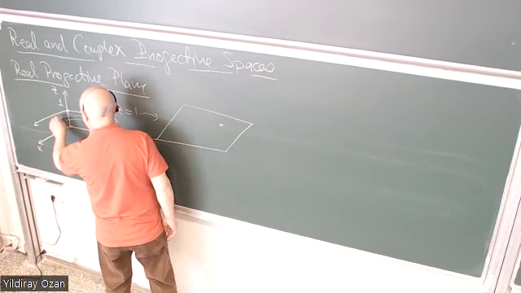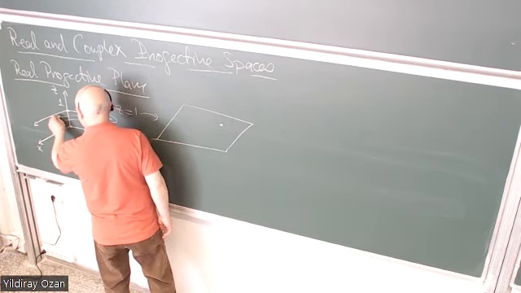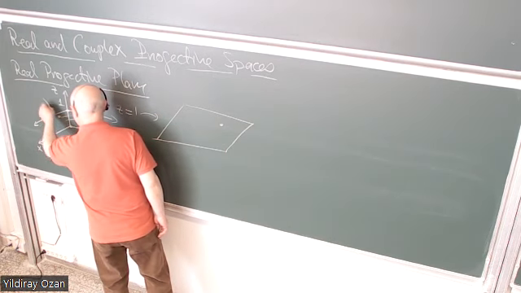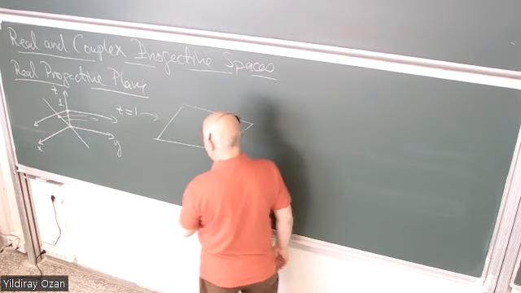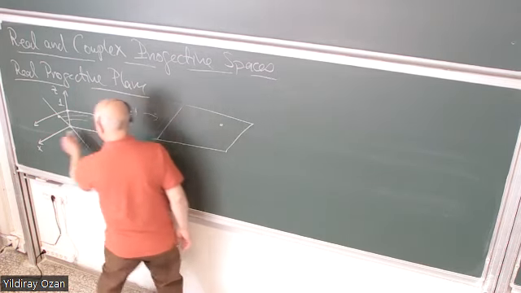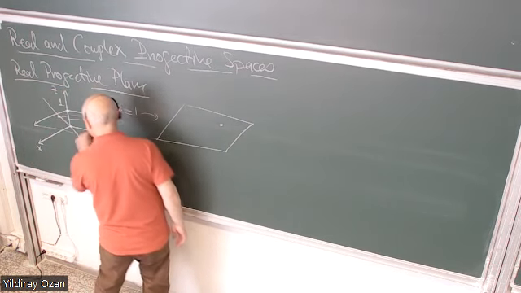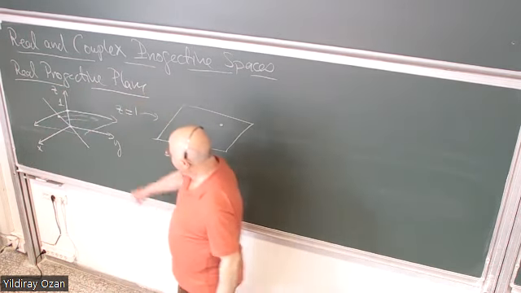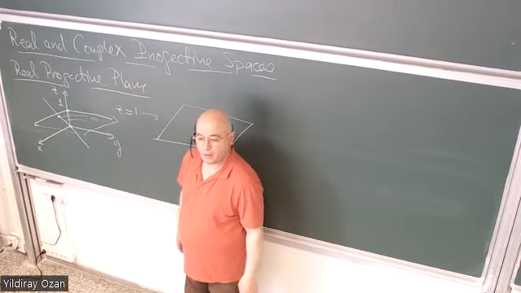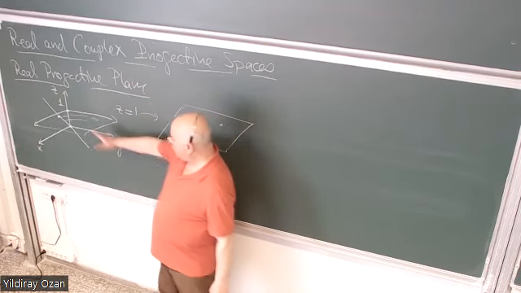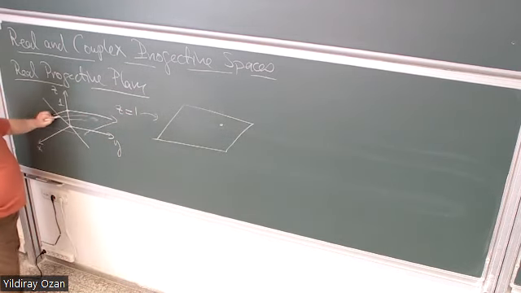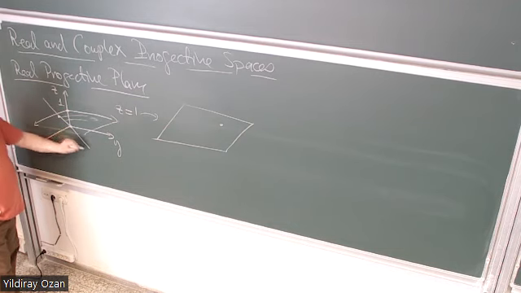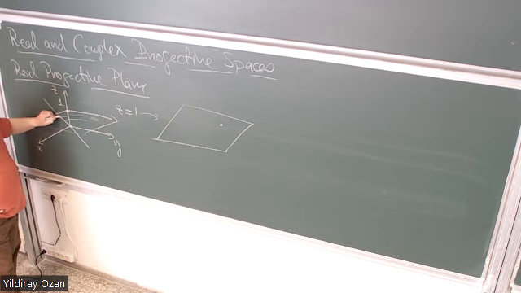Let me choose that point here. Right? So every point here is connected to the origin by a unique line. Therefore, I can just identify the points on this plane with the lines passing through origin and this point.